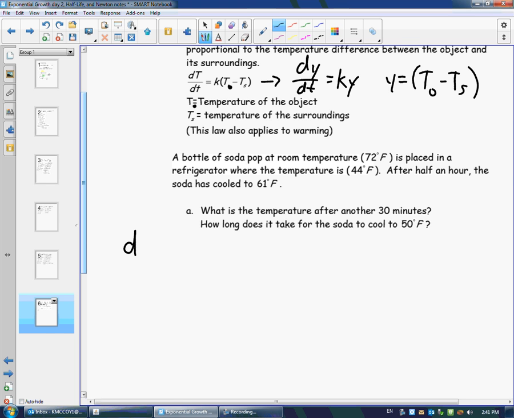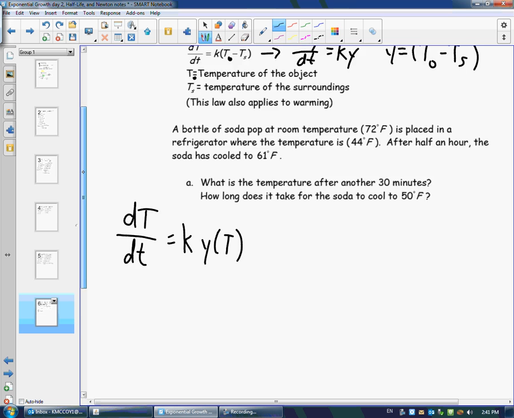So if we start off with how the temperature is changing over time, it's a little confusing with the T's. Capital T I'm going to use for temperature, lowercase t is for time. I'm going to write this as y of T, where y is a function of temperature, because y is just the difference in the temperature of the object minus the temperature of the surroundings.